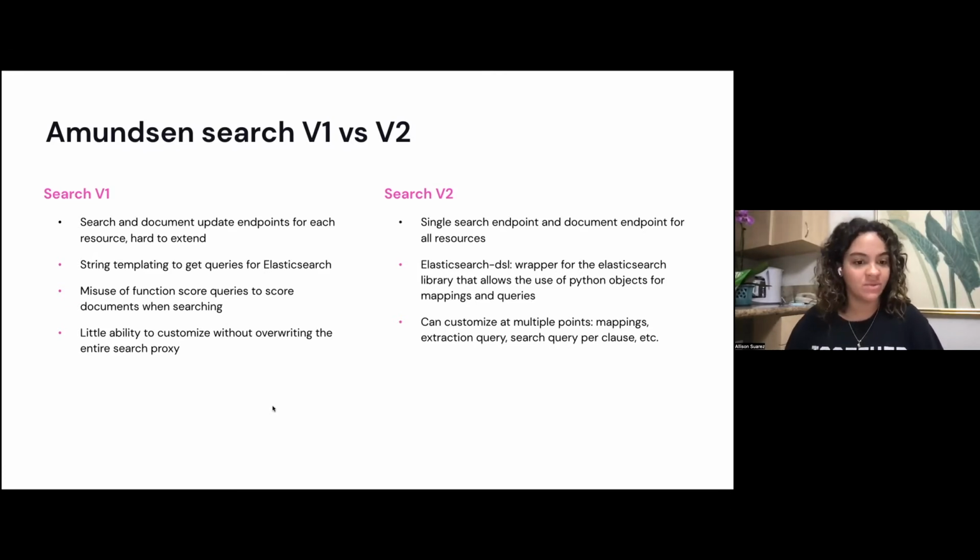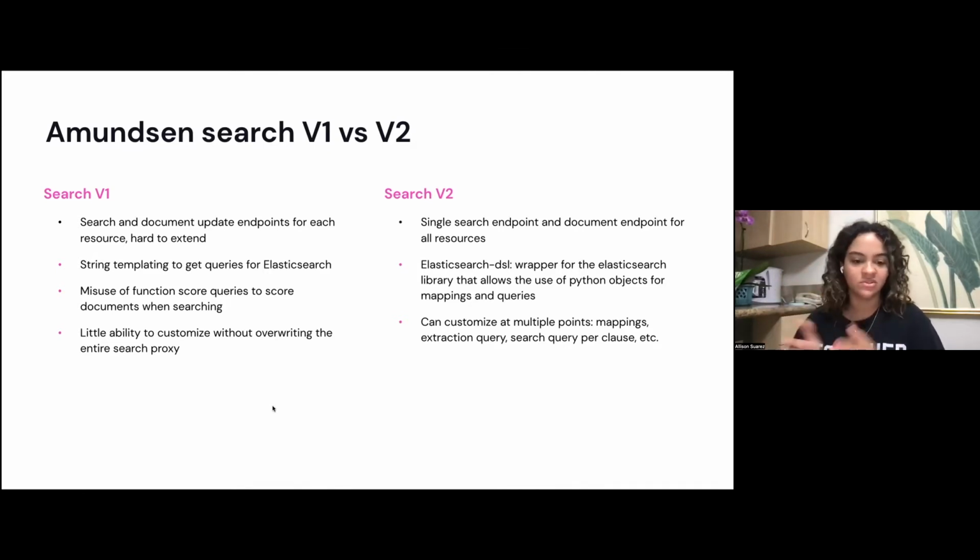Another issue we had was that we had very little ability to customize the search experience without basically having to completely overwrite the functionality of the service. So now we've introduced changes that allow us to customize at multiple points. We can customize our mappings for our indexes in Elasticsearch.